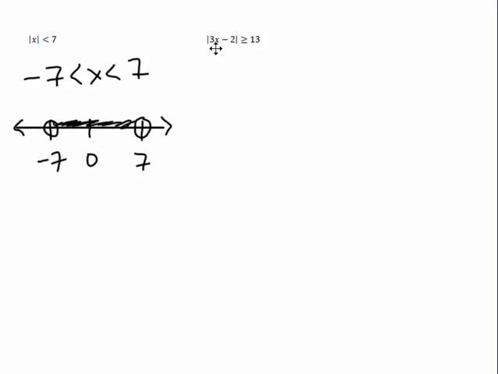All right, this one, the absolute value of 3x minus 2, it's already isolated. There's nothing I need to do here for part 1. So step 2, it's greater, meaning I need 3x minus 2 greater than or equal to 13, or 3x minus 2 is less than or equal to negative 13.